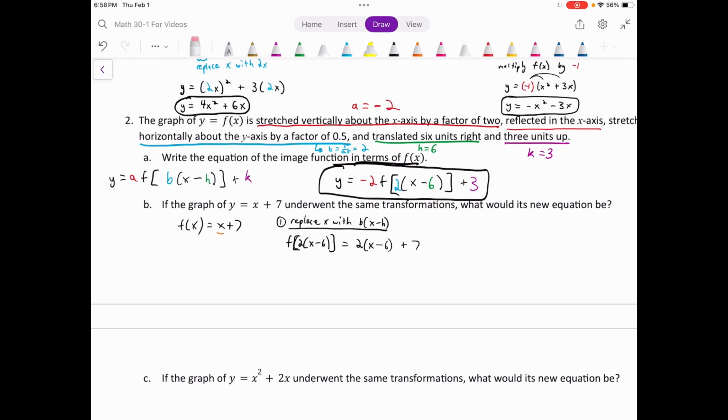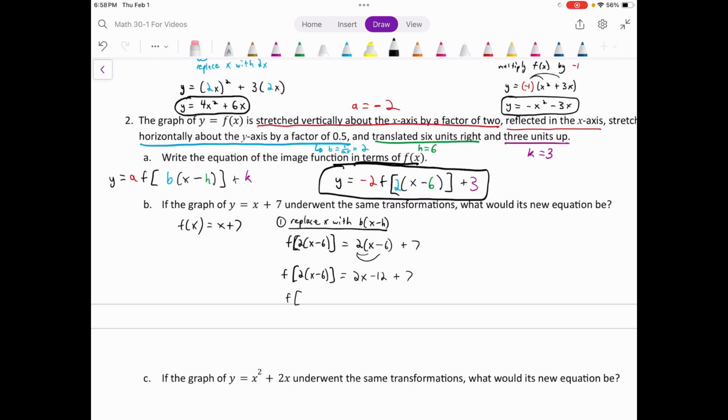And so now, we could technically go ahead and multiply by -2 and add 3. Often it's nice to simplify this part first, though, so we don't have so much to deal with once we do those other steps. So f of 2x minus 6 is just going to be equal to, let's distribute that 2. So 2x, 2 times -6 is -12, plus 7.